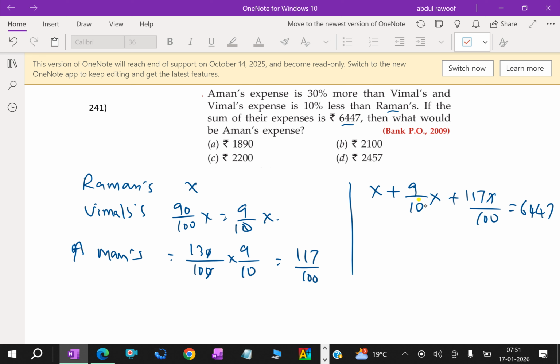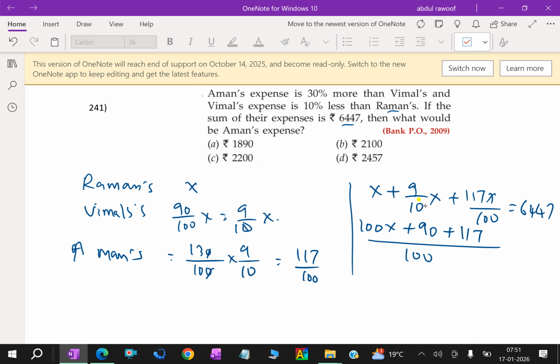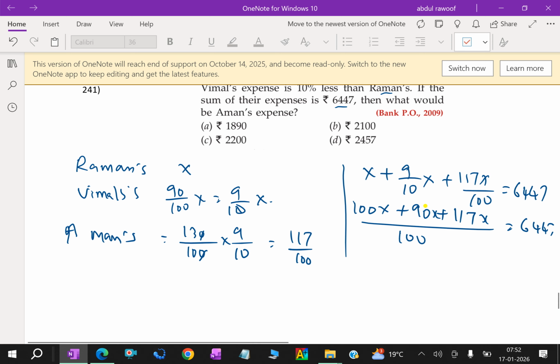Here the LCM is 100, so 100x plus 10 into 9 is 90x plus 117x equal to 6447.